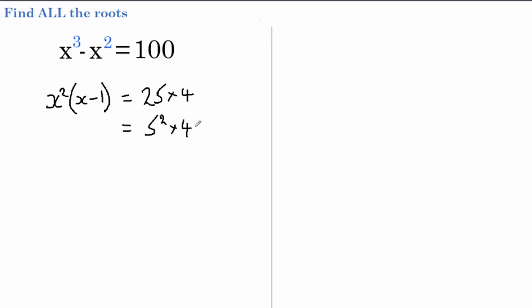And if we now match this up with what's over here, we could say that x squared equals 5 squared, therefore x equals plus or minus 5, and x minus 1 equals 4, in which case x equals 5.